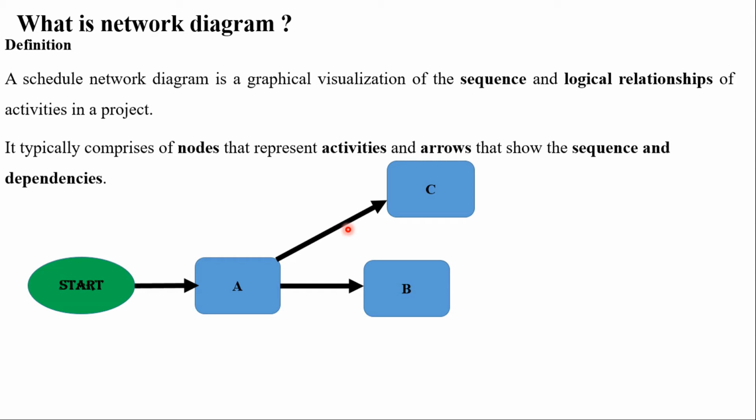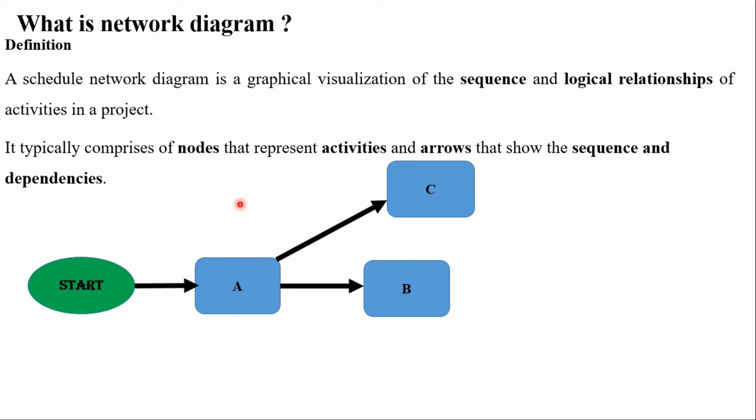So a network diagram is nothing but a graphical representation of the sequences and dependencies of activities in a given project. So a scheduled network diagram is a graphical visualization of the sequence and the dependencies or logical relationship of activities in a given project. And in that project you have activities and sequence of the activities.